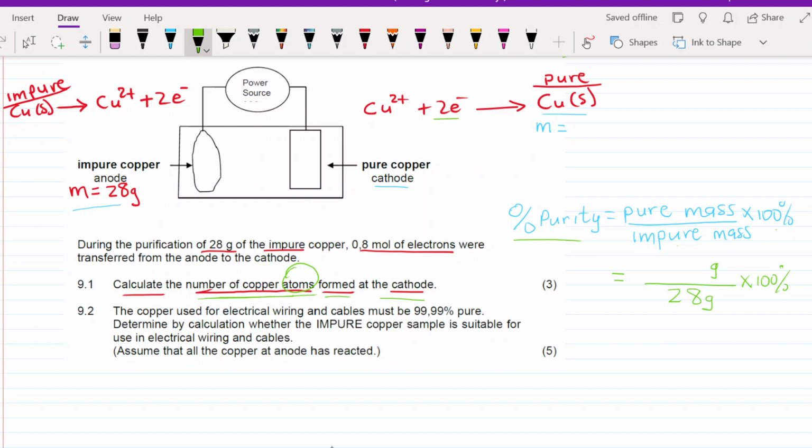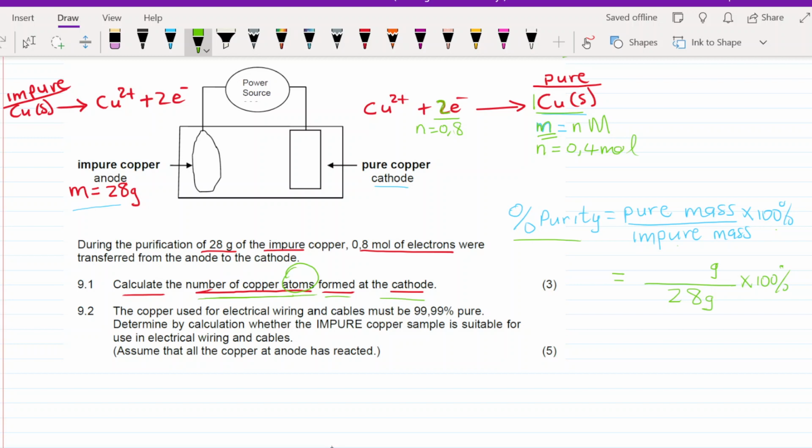So what we know is the number of moles here. They told us the number of moles of the electron is 0,8. We did find the number of moles of the pure. We said since the ratio is 2 is to 1, then that means the number of moles of the copper atom is half the number of moles of the electron. We find it to be 0,4 mole. So if we know the number of moles of that copper atom, we can find now the mass, because we do have the number of moles.